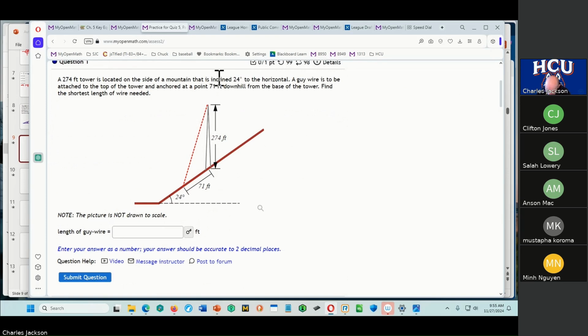We talked about this on Monday: you could use the law of sines for an AAS, for an SSA, that's the ambiguous case, and an ASA.